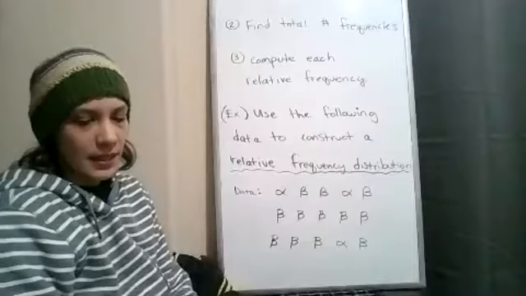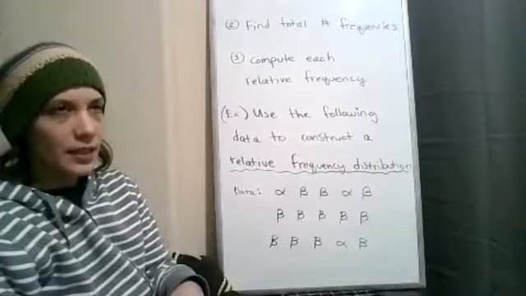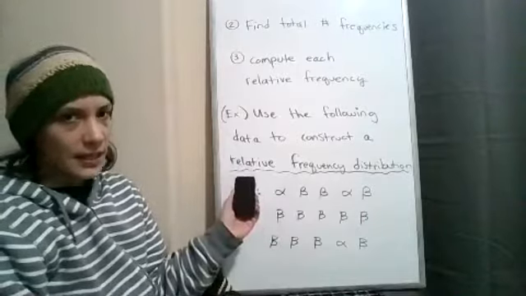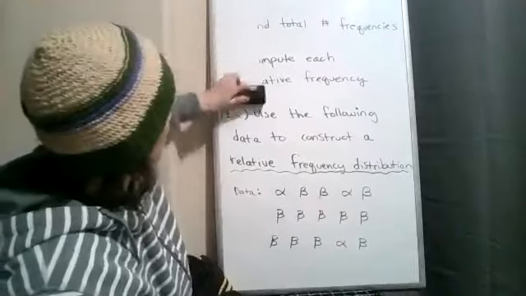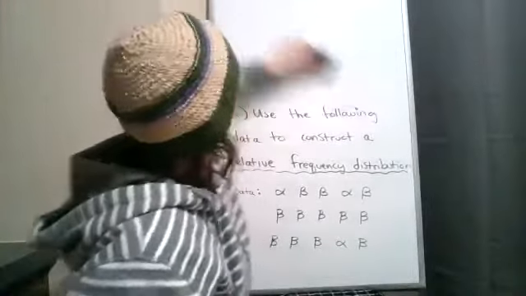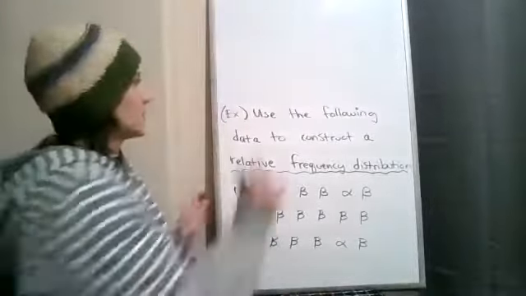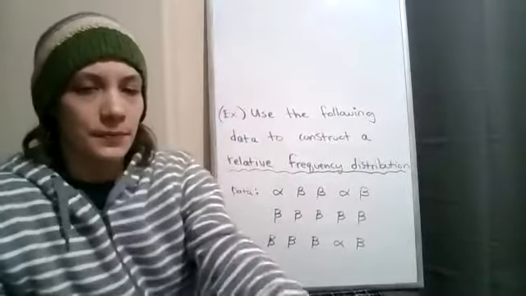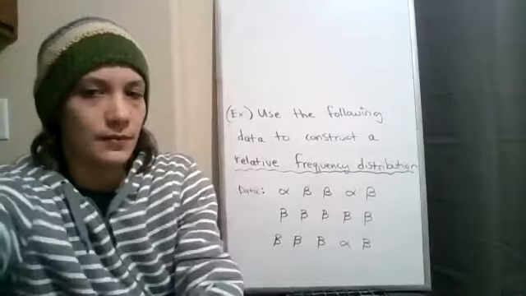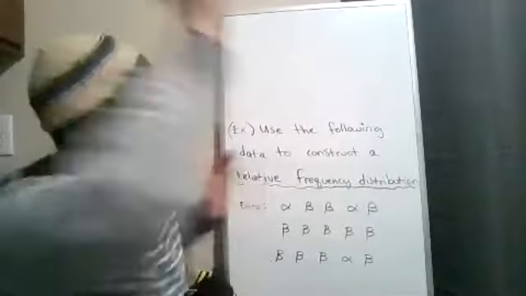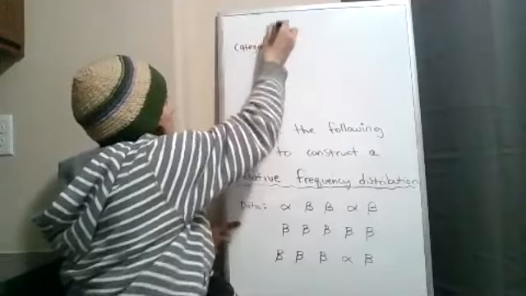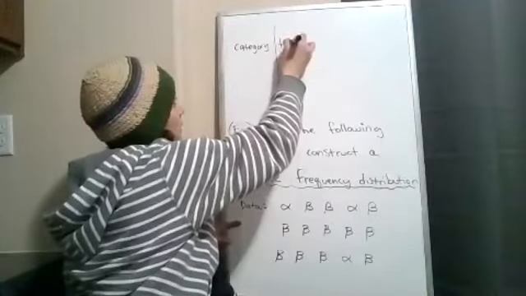First step is to make a table like we were doing, a frequency distribution table, and we'll have relative frequency at the end. Okay, so category first. Tally.